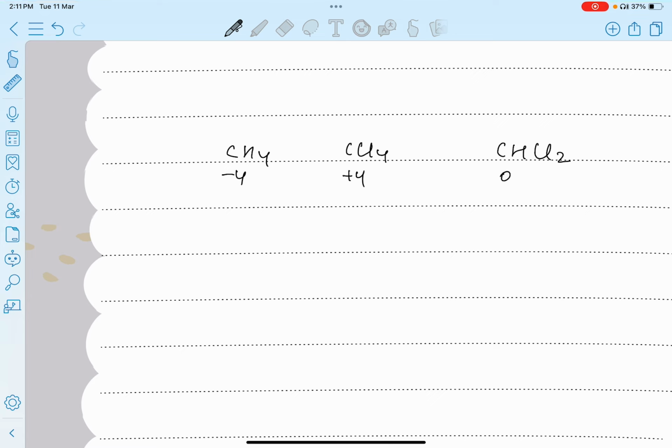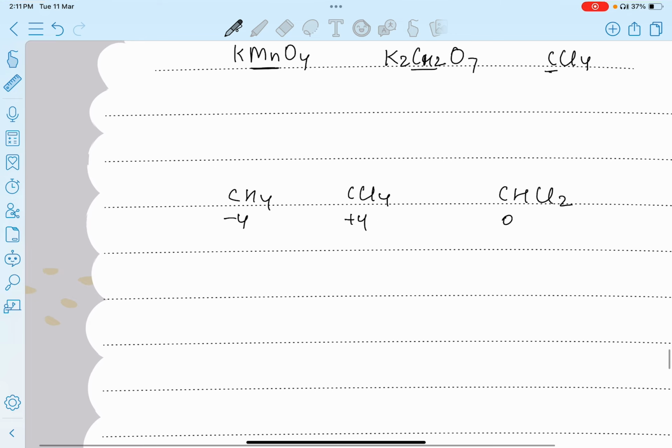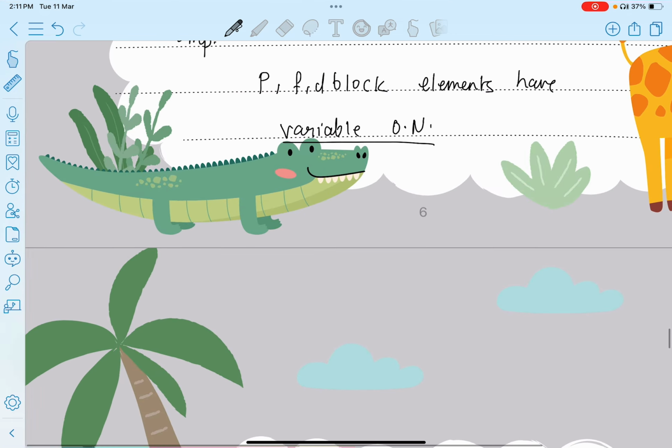So the same element in different compounds can have different oxidation states. This applies to P, D, and F block elements, not S block elements. S block elements have fixed oxidation states. It is +1 and +2. All the alkali metals have +1 oxidation state. All the alkaline metals have +2 oxidation state.